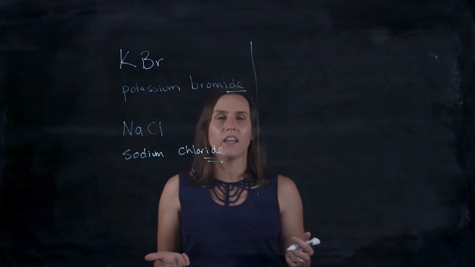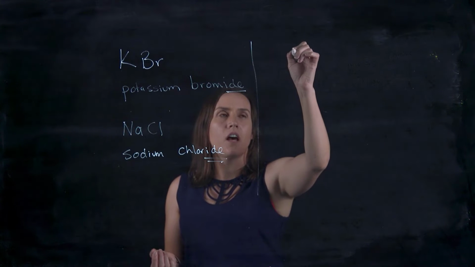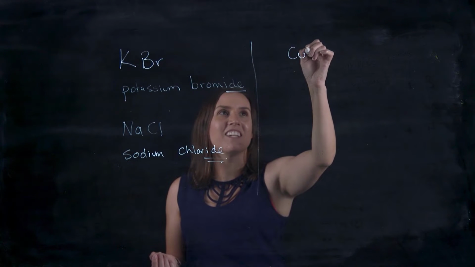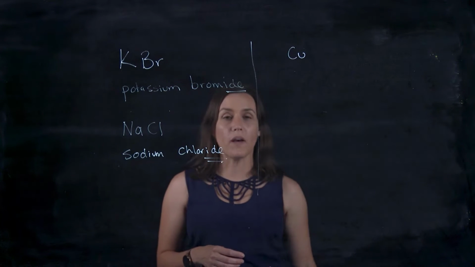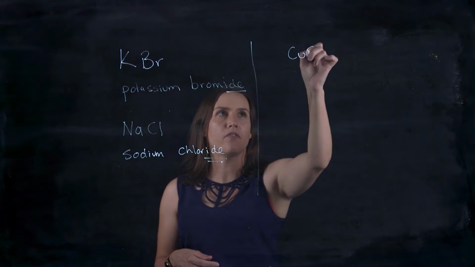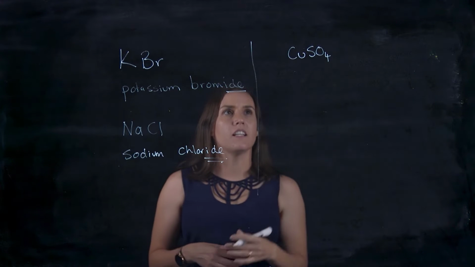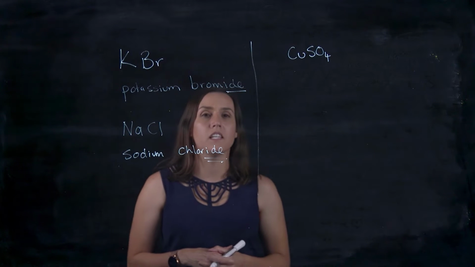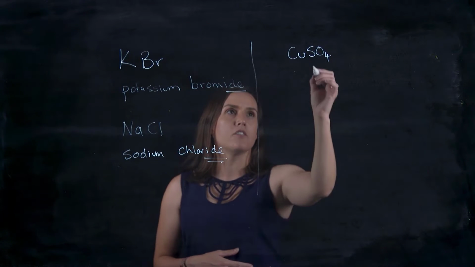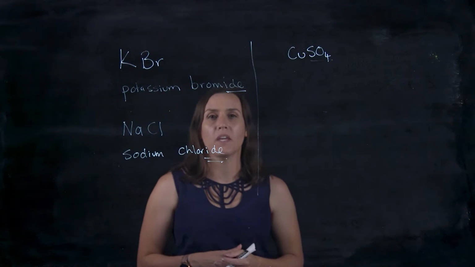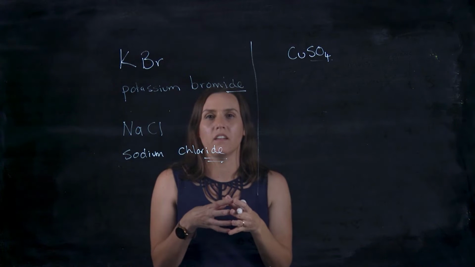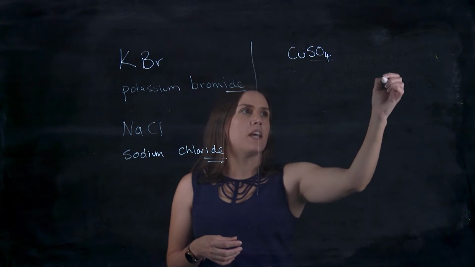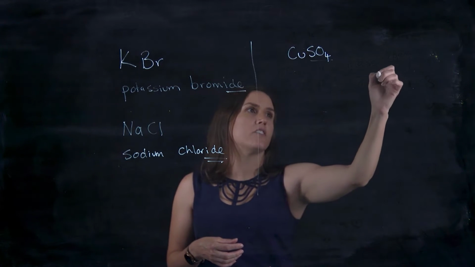Now if we have a multivalent atom, let's do this one. Copper is a multivalent atom. It can have different valence charges. Let's do copper sulfate, so CuSO4. Sulfate is a polyatomic anion. It's got more than one atom that makes up that particular compound, and it has a negative charge on it.